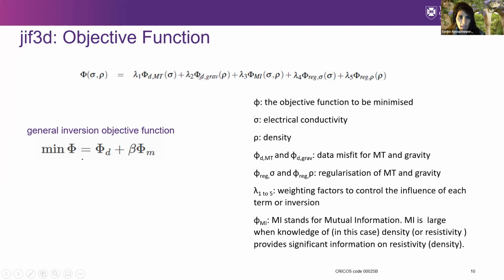And the middle one is the mutual information one, or the coupling one. Basically it's large if you have a variable that you have knowledge about, say here you know about density or your resistivity, you know how much it is, and then how much that variable can provide information for you on the other one.